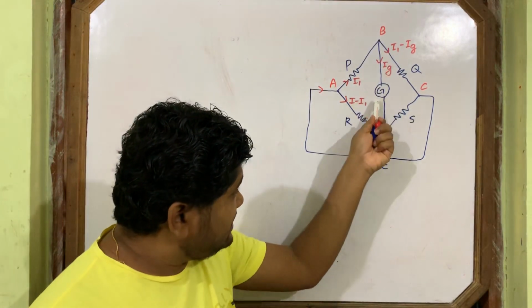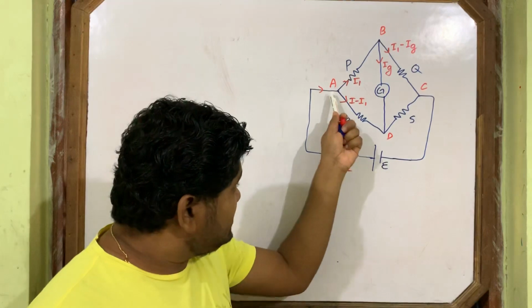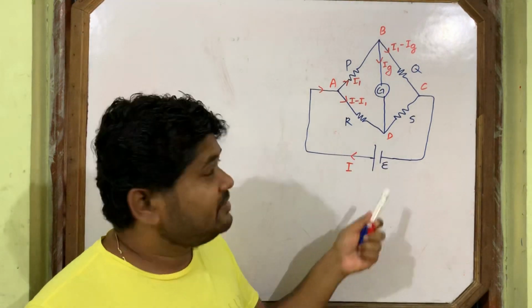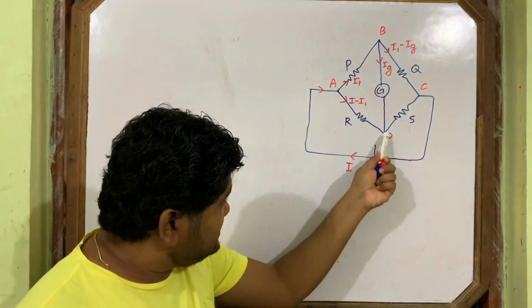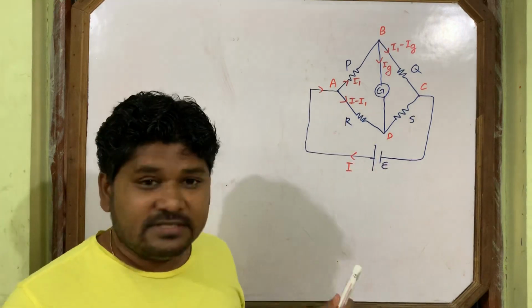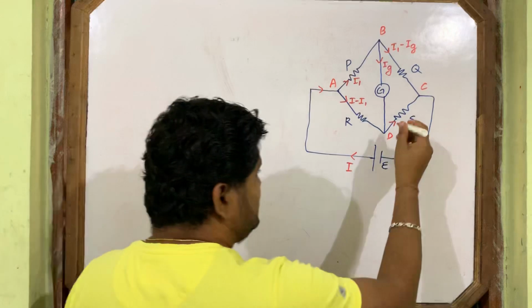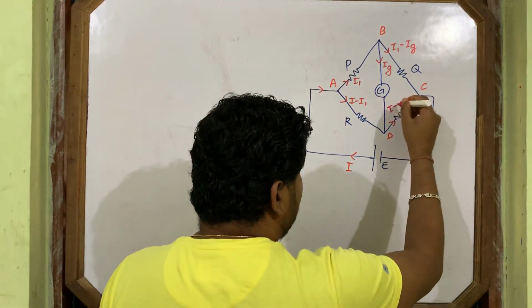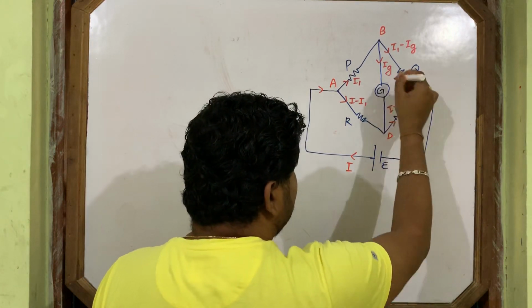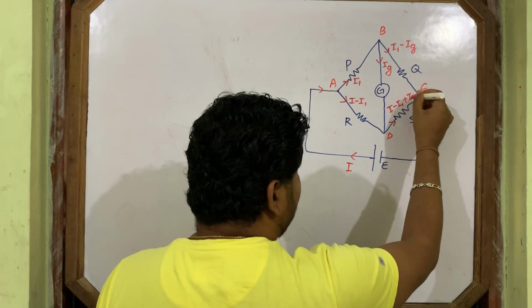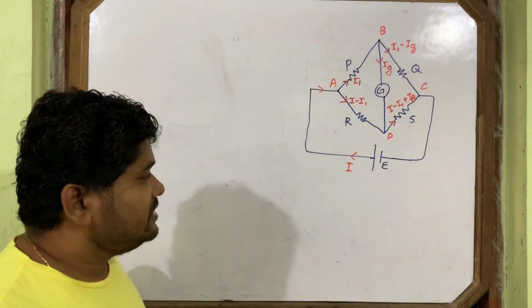Current IG comes here like this, current I minus I1 comes like this. Mark here: IG comes like this, I minus I1 comes like this, and the total current goes to this side, and the total current becomes here I minus I1 plus IG. I hope you understood how it is.